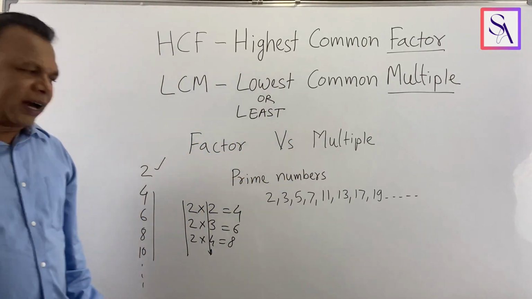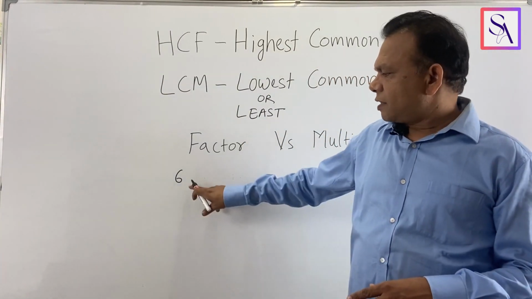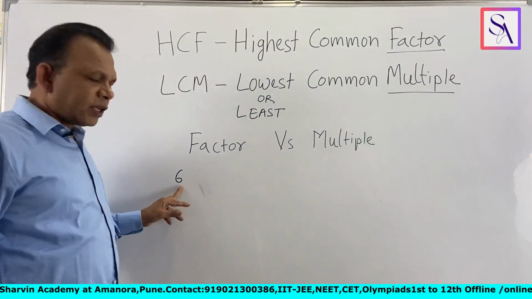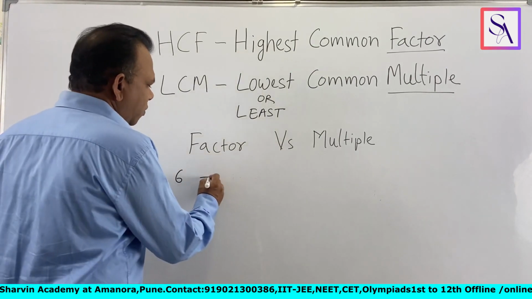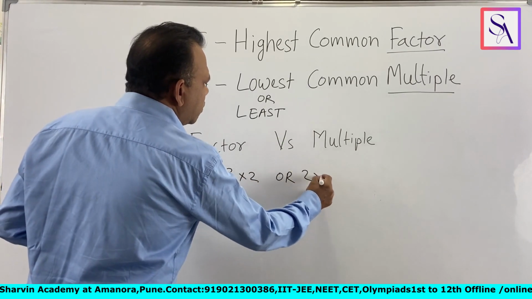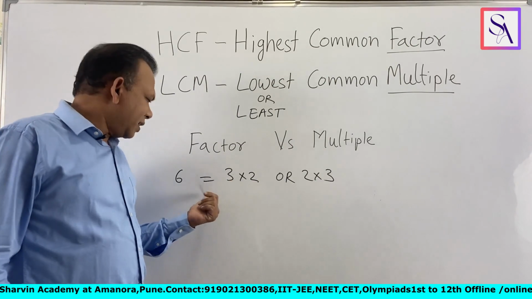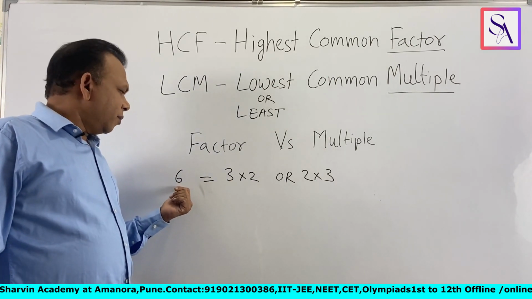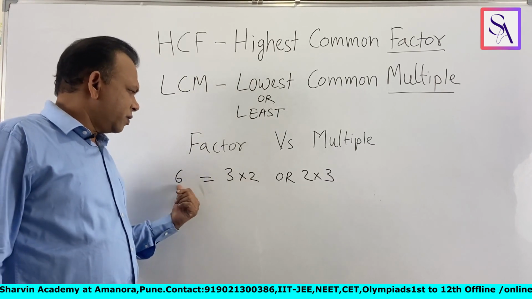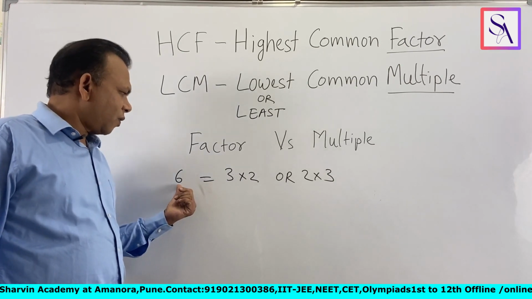Now about the factor. What is the meaning of factor? Take an example, 6. If I ask you to give me factors of 6, you will say 3 twos are 6 or 2 threes are 6. So 3 and 2, or 2 and 3, are the factors of 6. Why? Because 6 is there in the table of 3 and in the table of 2. So 3 into 2 are the factors of 6.